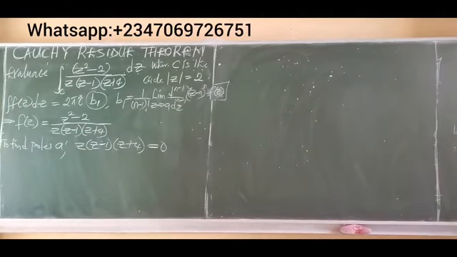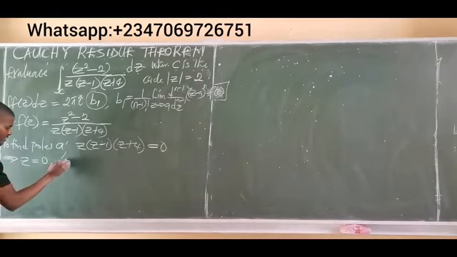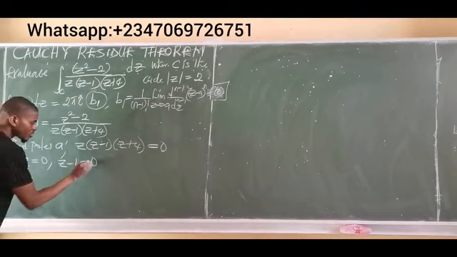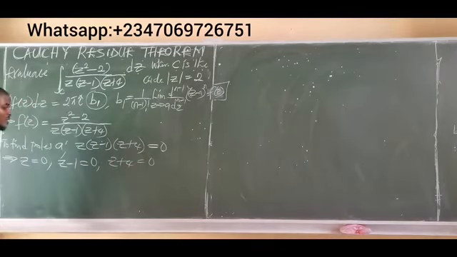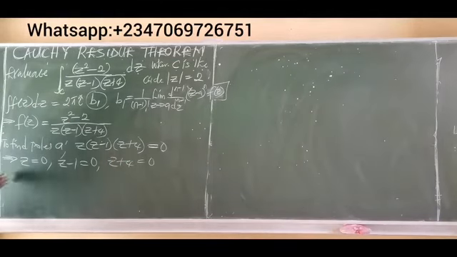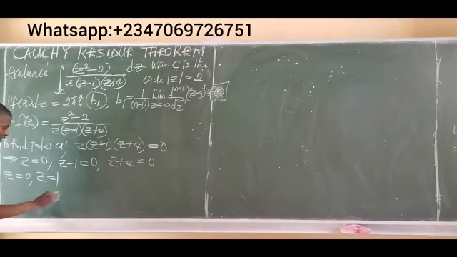And by factorization, if I have something like this equal to 0, then it simply means that z is equal to 0, z minus 1 is equal to 0, and z plus 4 is equal to 0. So z is equal to 0; sending minus 1 over to the other side of the equation, negative sign becomes positive, so I have z is equal to 1.